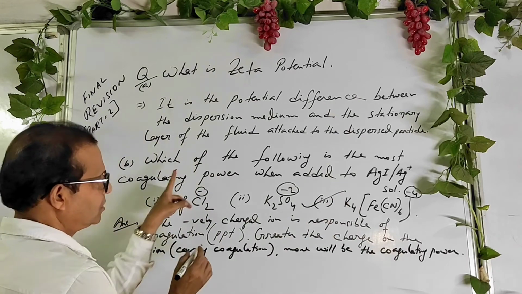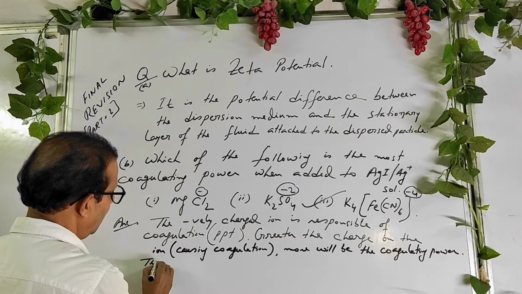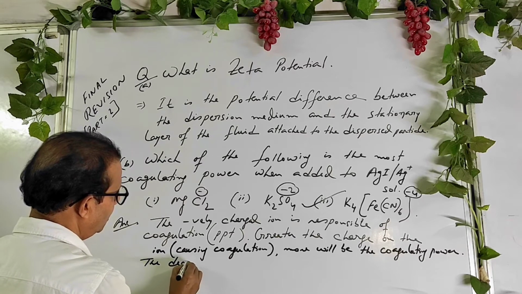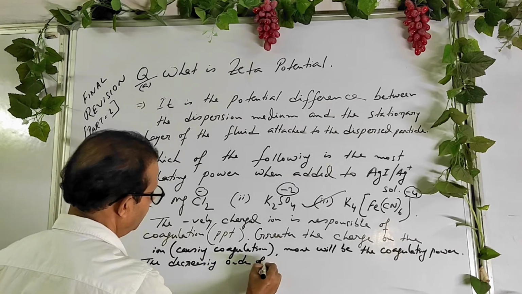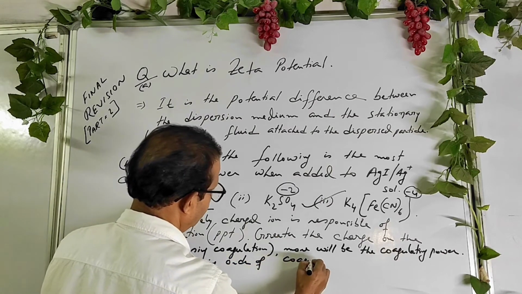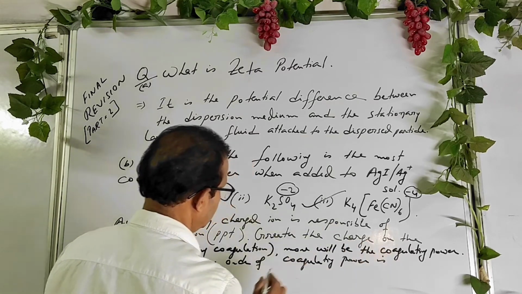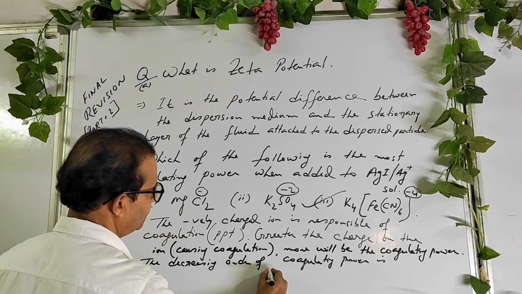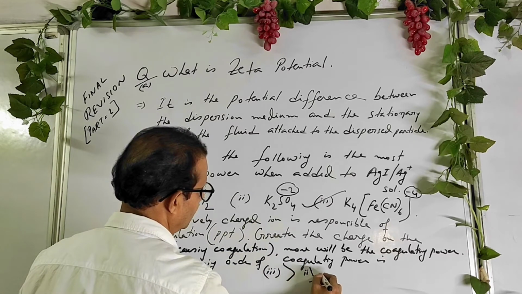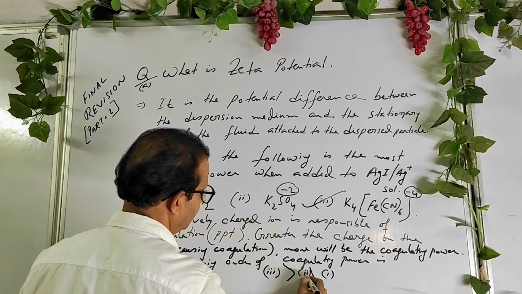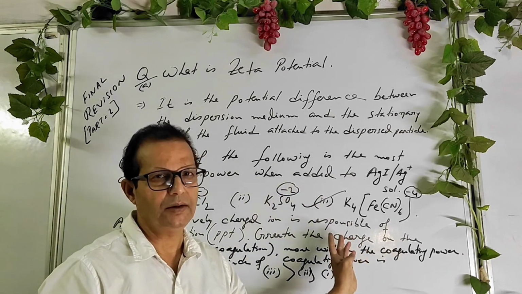The order is not asked. So the decreasing order of coagulating power is 3 greater than 2 greater than 1. That's the answer. It is not asked, still I have seen sometimes this type of question.